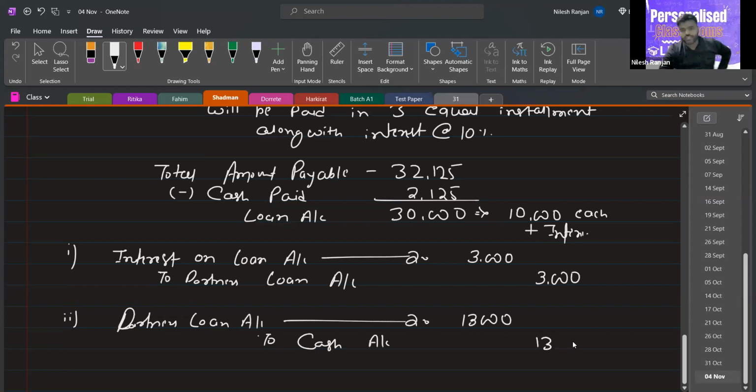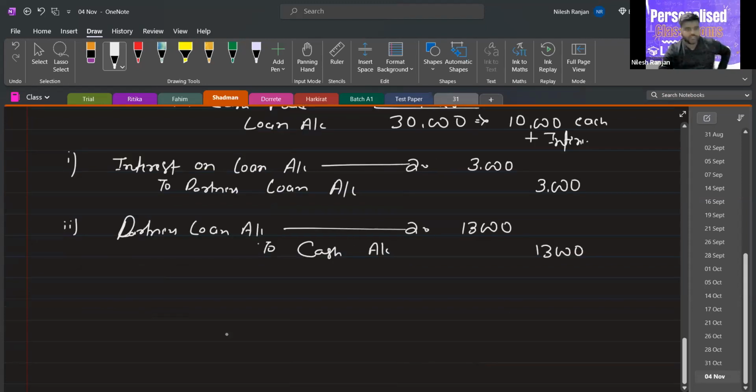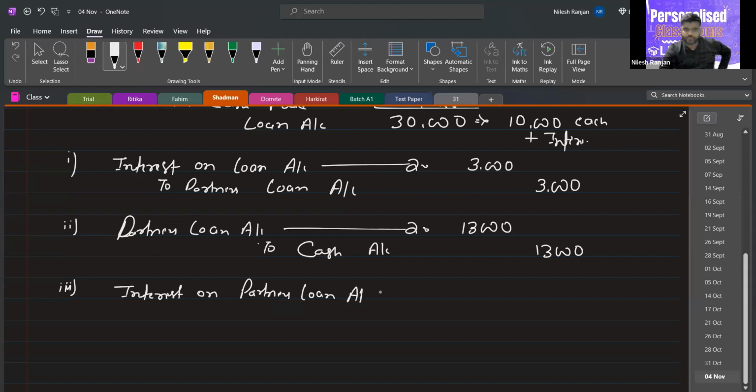Now in the second installment, the third entry is interest on loan account debit to partners loan account again. Now in the second year, what will be the interest amount? It will be 2,000.